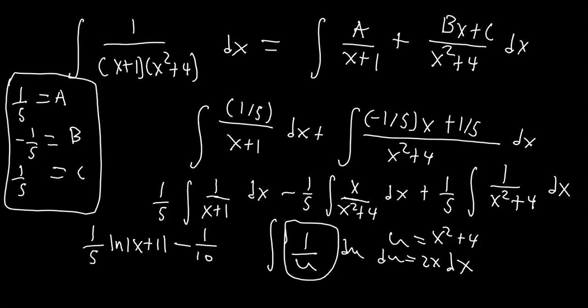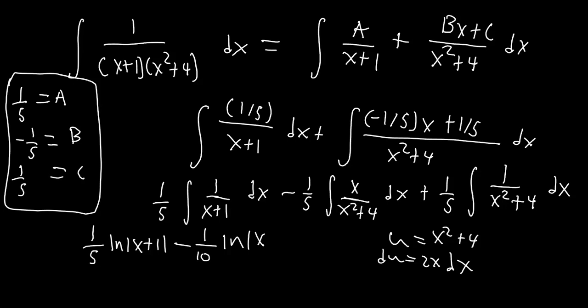So the integration of 1 over u is just ln of u, and u is just going to be equal to x squared plus 4, which means in terms of x, it will just be ln of x squared plus 4.